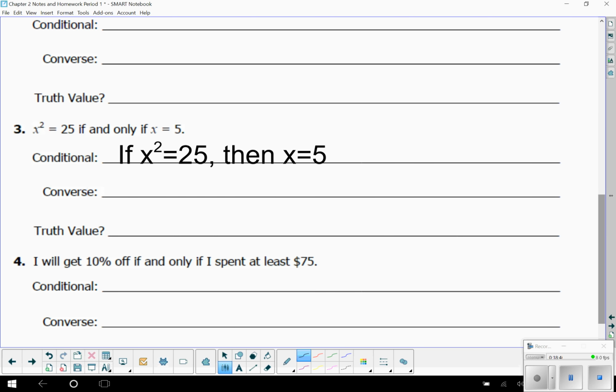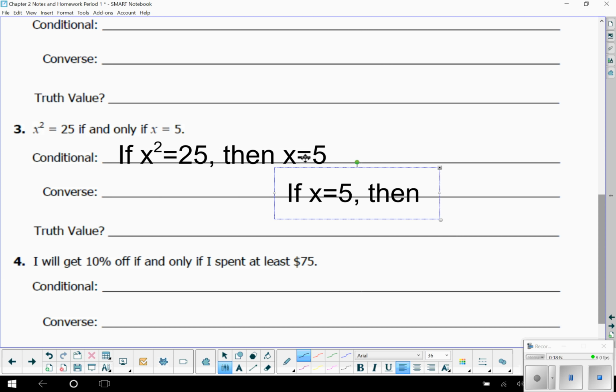That's your conditional. If and only if is your biconditional. So the converse, you flip it: if x equals 5, then x squared equals 25.